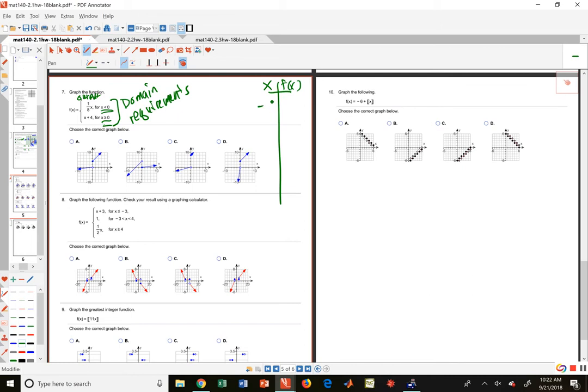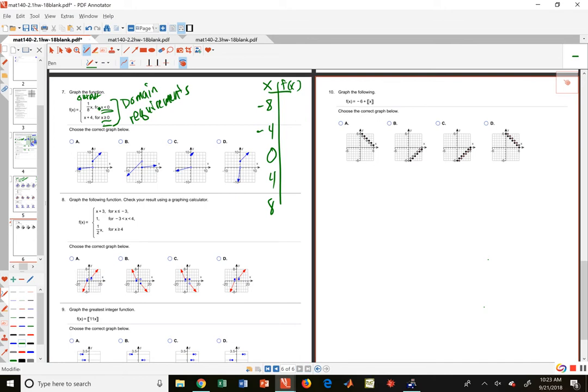So let me put some values. Let's do a -8, and then let's do a -4. Let's also do a 0, a +4, and a +8, just to get you a feel for what this function looks like.